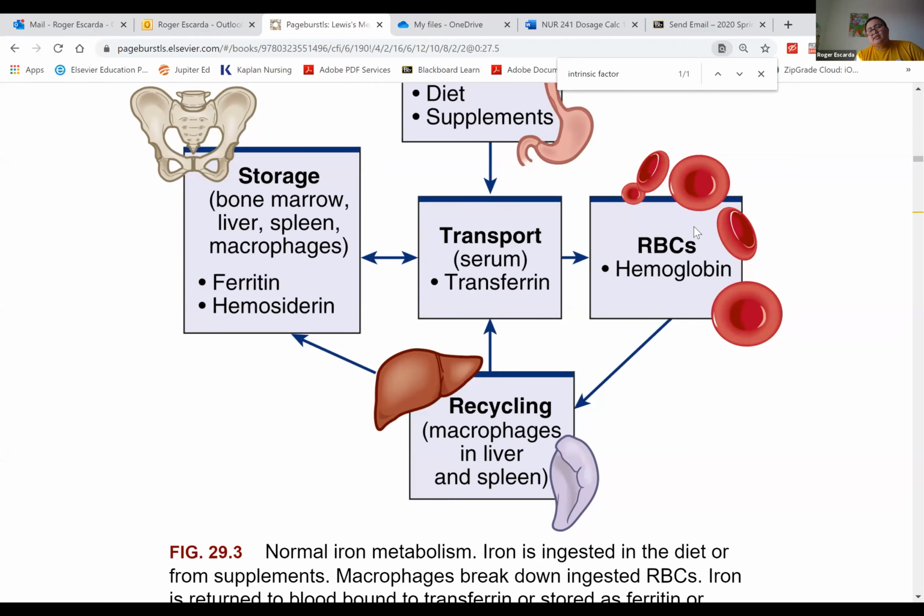However, in sickle cell anemia, they have a faulty gene that causes these red blood cells to sickle, meaning the shape will now be crescent shaped. Because they're no longer disc round shape, they are now sickled like a half moon shape.